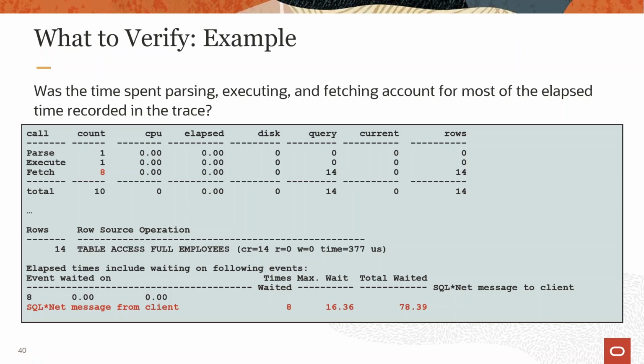This means that the total time on parsing, execution and fetching took less than 100th of a second. But it can be, although it only took 100th of a second to perform the parse, execute and fetching, that a person complains, why does it take that long to get my data back? Now I see it's not the parsing, it's not the execution or the fetching stage, because this is less than 100th of a second in fact.